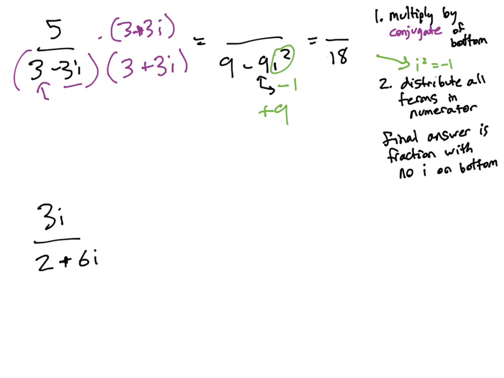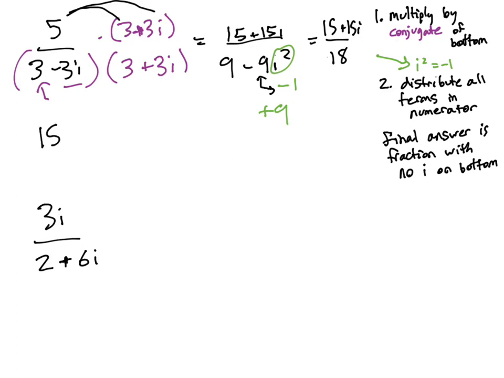In the numerator, we need to distribute. 5 times 3 gives us 15. And 5 times 3i gives us plus 15i. So we have 15 plus 15i all over 18.